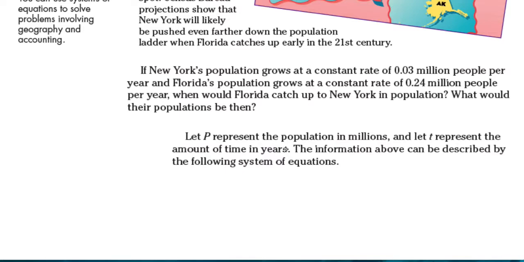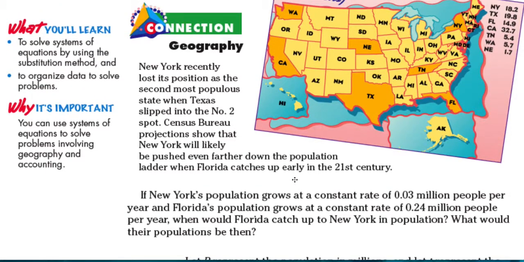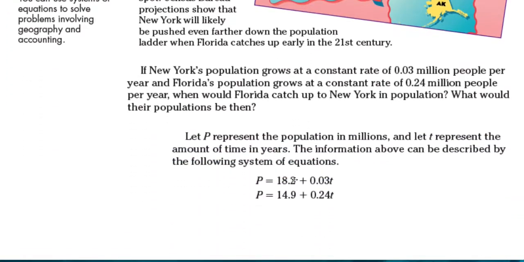The information above can be described by the following system of equations: P equals 18.2 plus 0.03T, because this is the annual growth of the population in New York, and P equals 14.9 plus 0.24T, where 0.24T is the annual growth of the population in Florida. 18.2 is the current population of New York when this census was taken, and Florida's is 14.9.